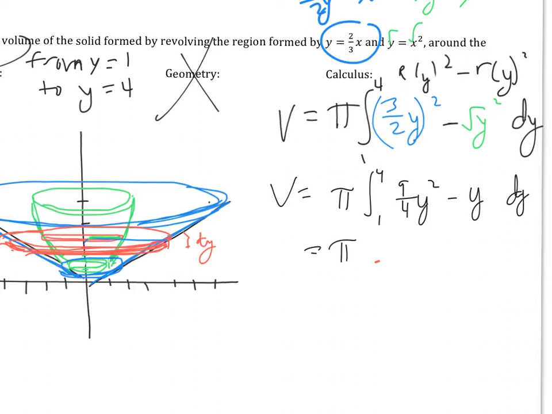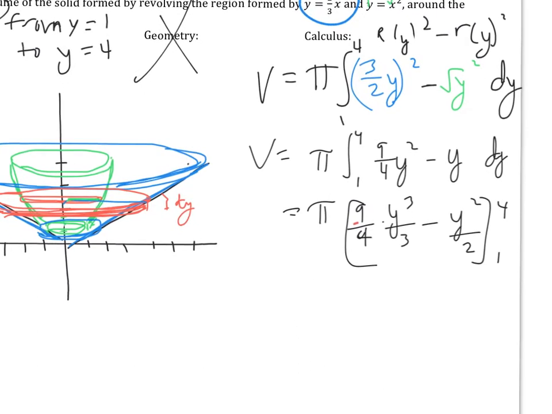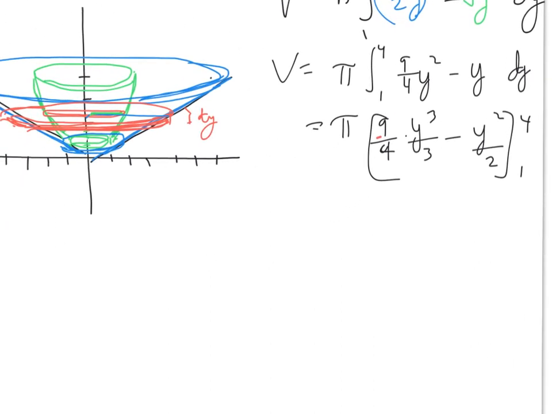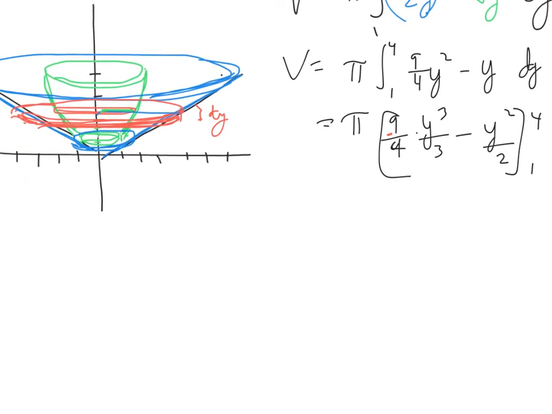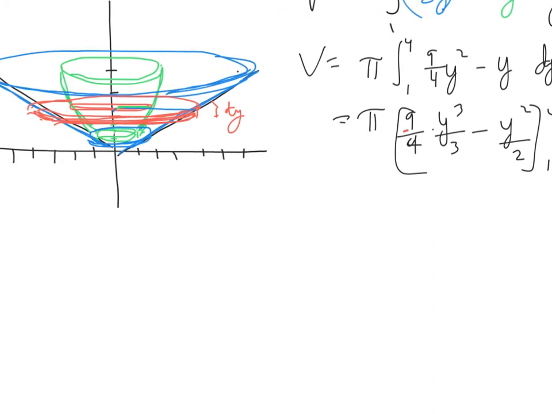Pi times 9/4 y cubed over 3 minus y squared over 2, evaluating from 1 to 4. So it gets a little bit messy. I do have to plug in the 4 and the 1 this time. I can't just ignore the 1 like I can a 0.